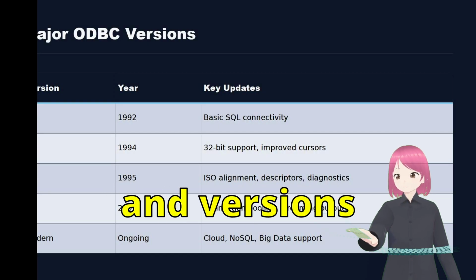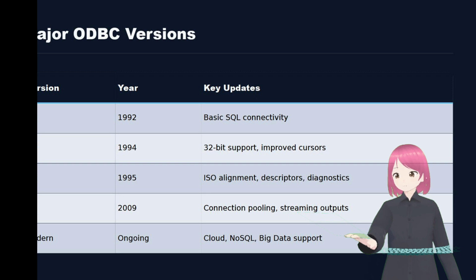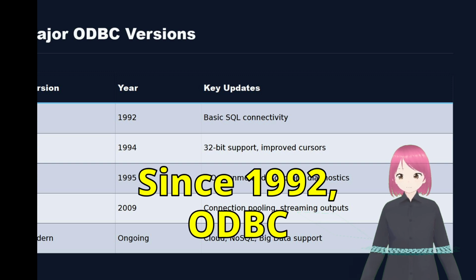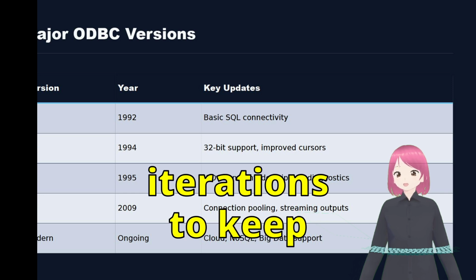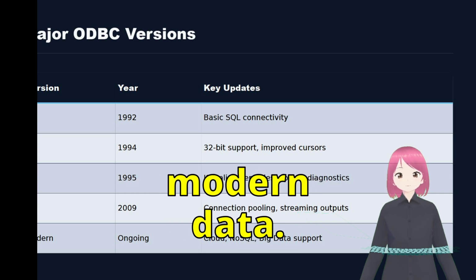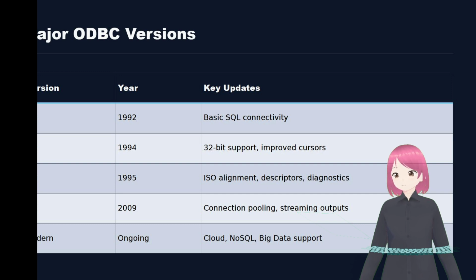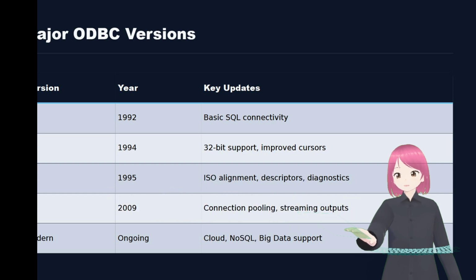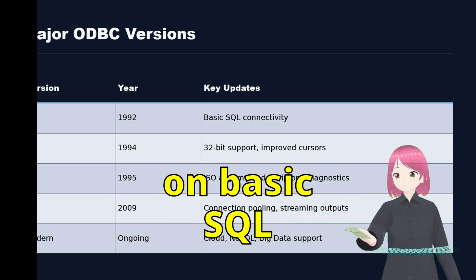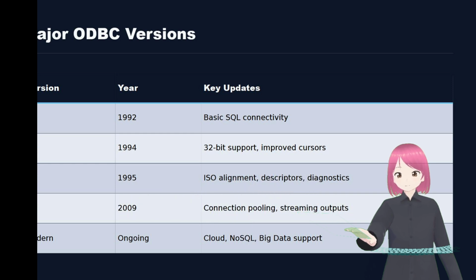Major updates and versions. Since 1992, ODBC has gone through several major iterations to keep up with the complexity of modern data. ODBC 1.0, 1992, the initial release, primarily focusing on basic SQL connectivity.